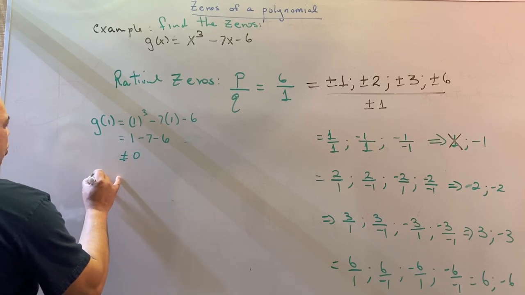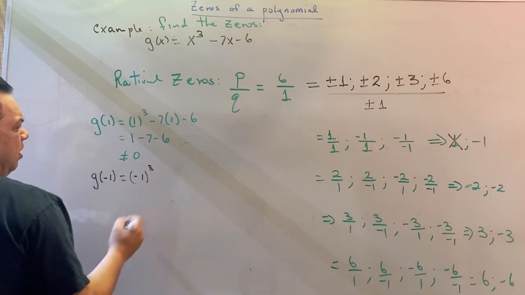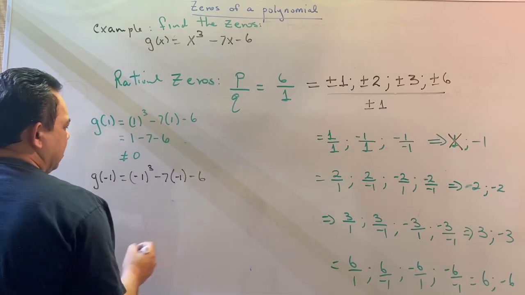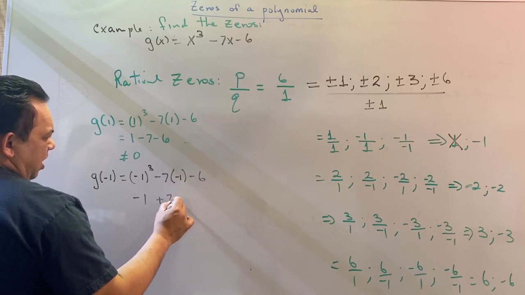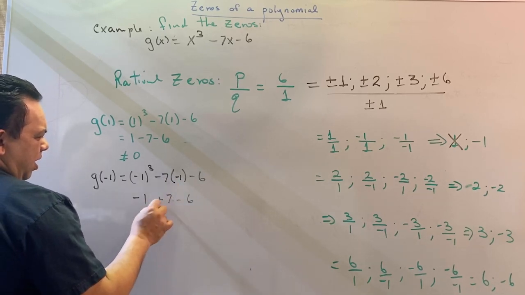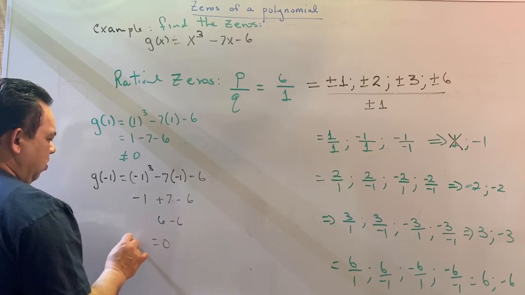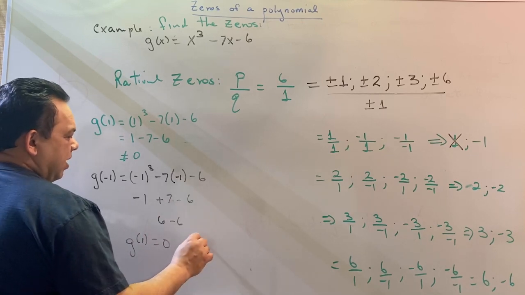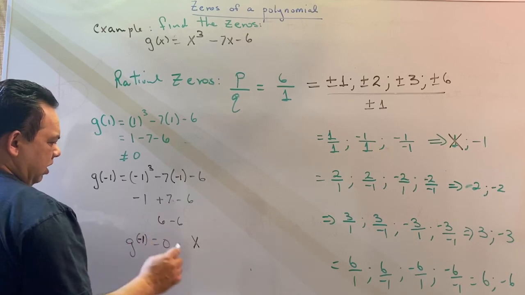Okay? What about g of -1? Well, that becomes -1 cubed minus 7 times -1 minus 6. So this becomes -1, this becomes +7, minus 6. This becomes 6 minus 6, which is equal to 0. So g of -1 equals 0.